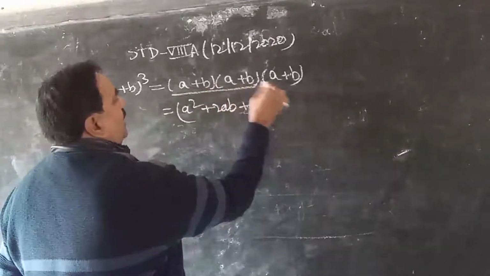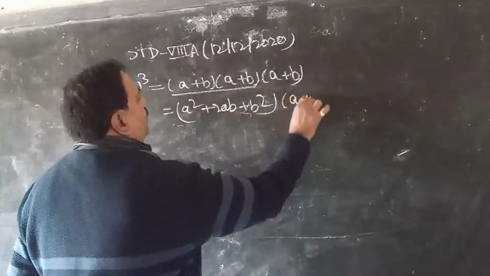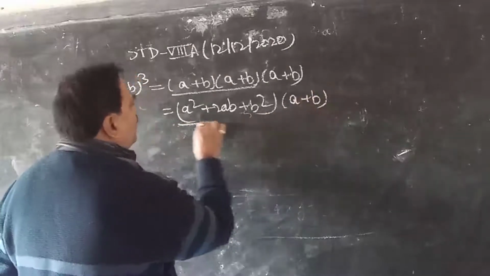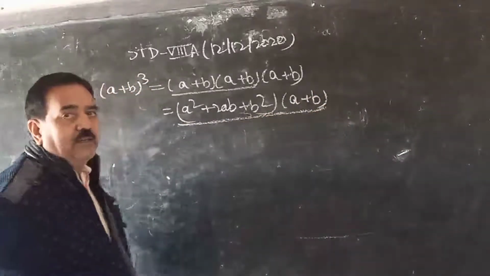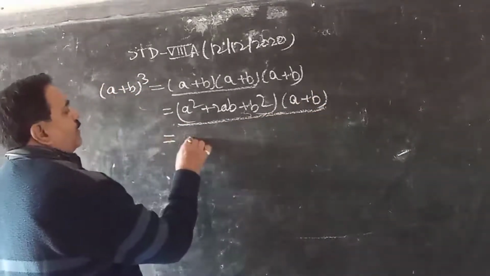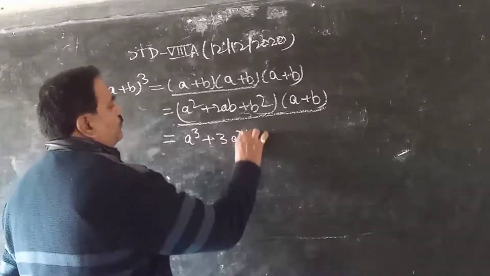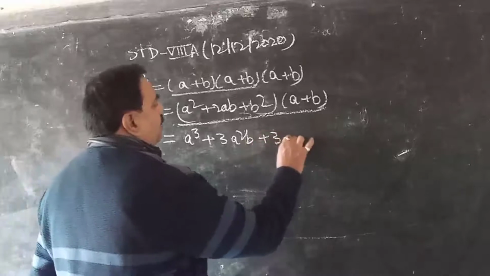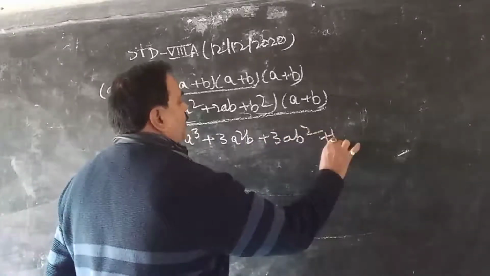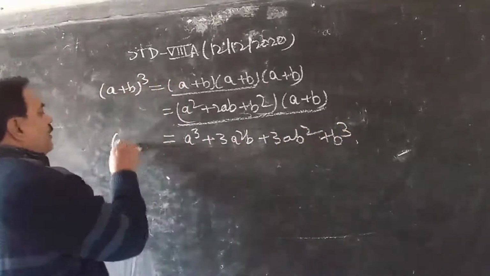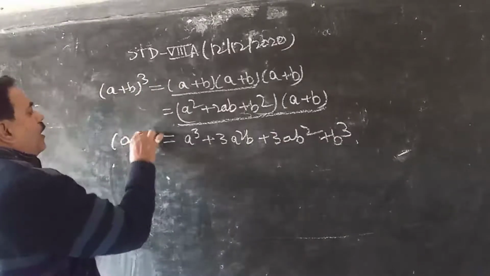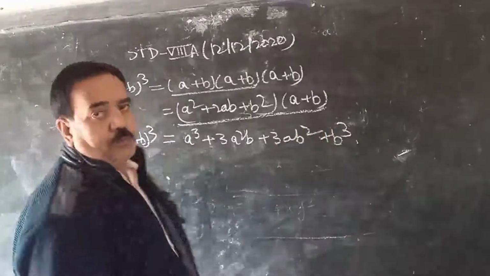Then the third bracket is a plus b. Again when we multiply these two brackets, finally we will get a cube plus 3a square b plus 3ab square plus b cube. And this we are using as the formula of (a + b) whole cube.